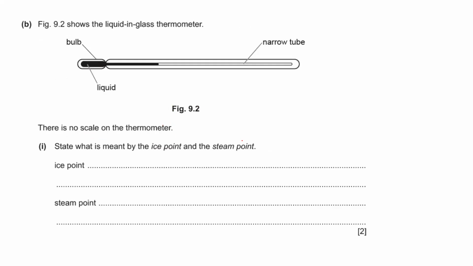Then part B, it says figure 9.2 shows a liquid in glass thermometer. There is no scale on the thermometer. So state what is meant by the ice point and the steam point. So ice point is basically a point where water and ice are present at the same time, or you can say are at equilibrium.